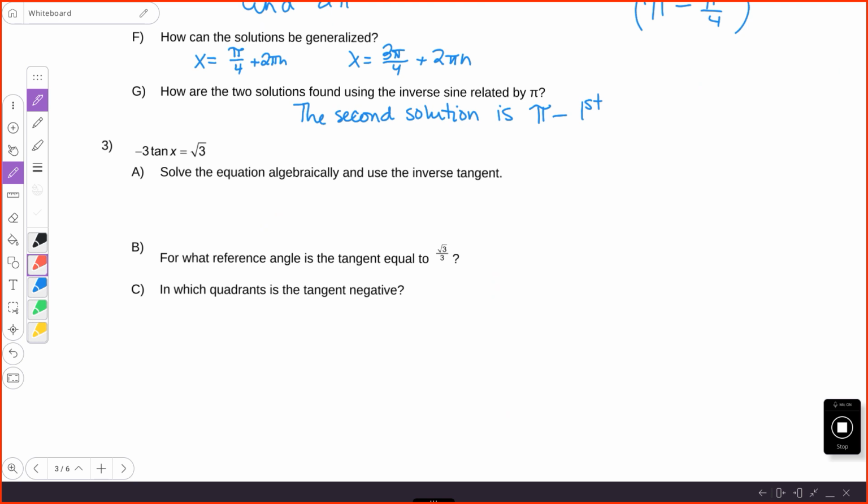What should I do first? Divide by -3. So I have tangent of x equals negative square root 3 over 3. Get rid of tan by arctangent.